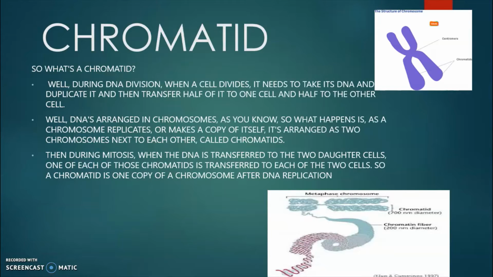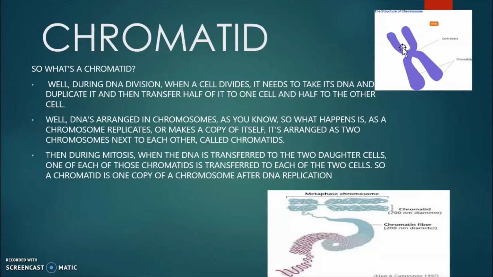Next, chromatid. Well, what is chromatid? When a cell divides, it needs to take its DNA and duplicate it and then transfer half of it to one cell and another half to the other cell. DNA is arranged in chromosomes as you know, so as a chromosome replicates or makes a copy of itself, it is arranged as two chromosomes next to each other called chromatids.